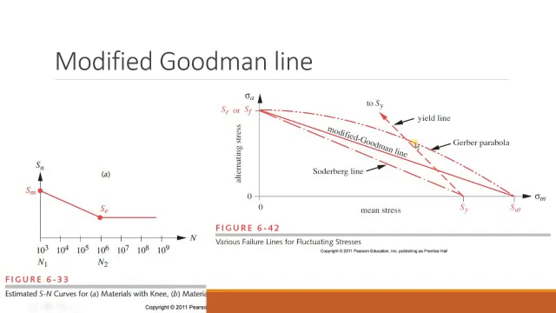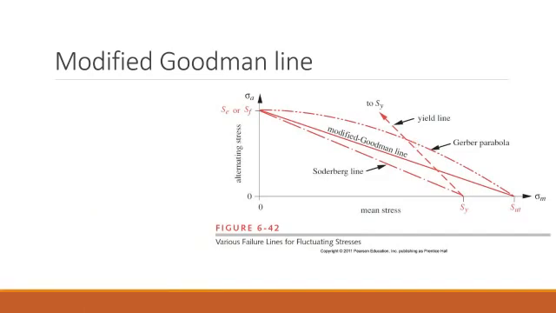So let me show you, as we dial into this a little bit more, we need to think about what's going to be happening. In general, when a part fails, if it's all alternating, we're not considering yield because it doesn't fail in a yielding fashion. It fails as if it's brittle.